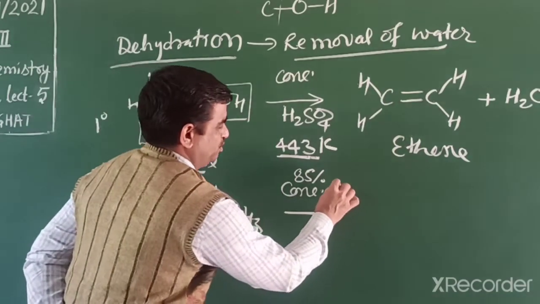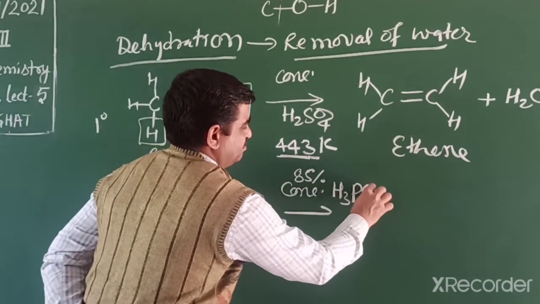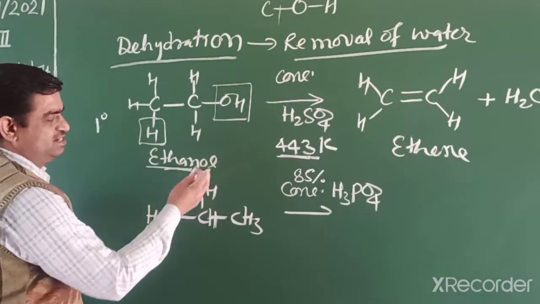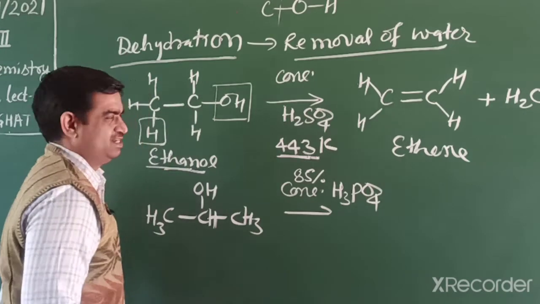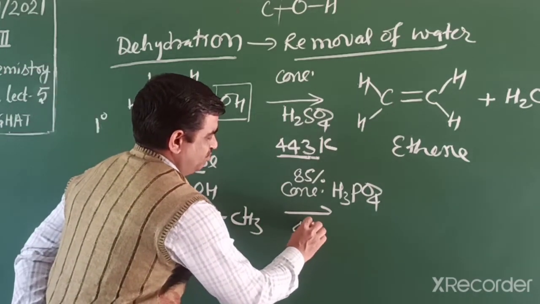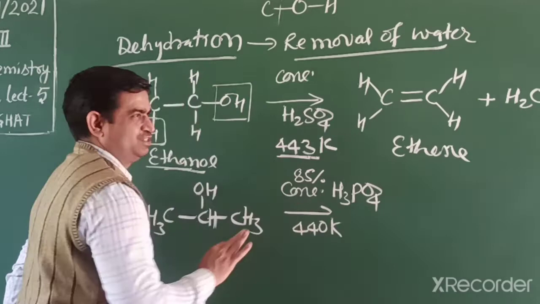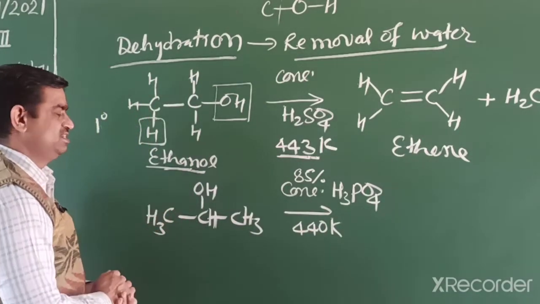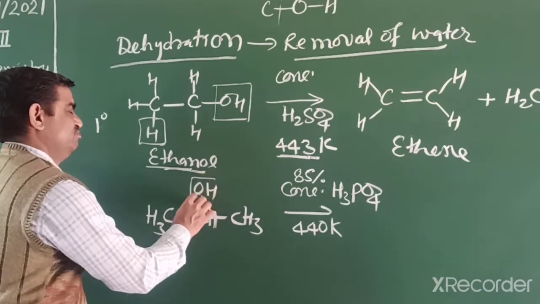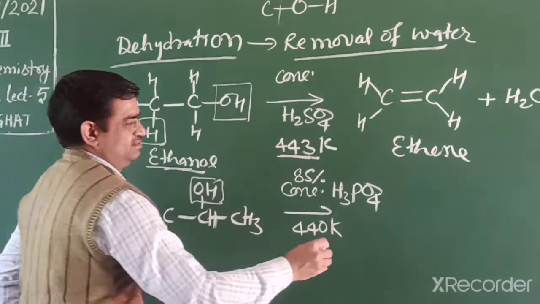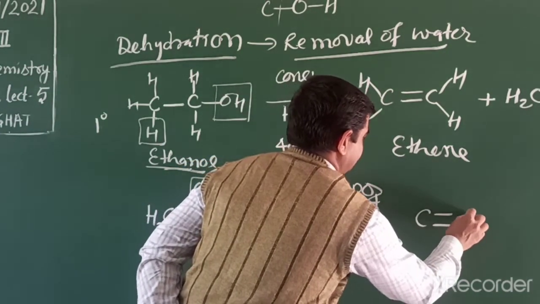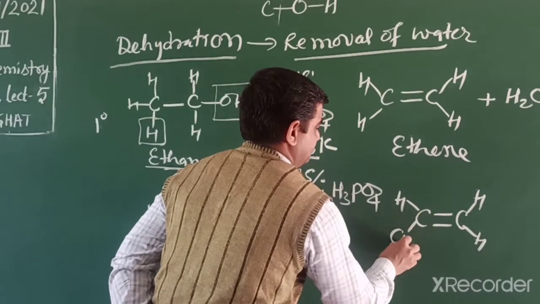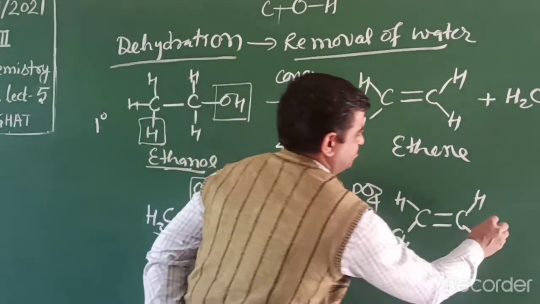The temperature is also slightly reduced, given in your NCERT book as 440 Kelvin. So the temperature is almost the same, but the acid concentration is slightly reduced to 85%. It removes OH and H, and we get the alkene like this, propene.